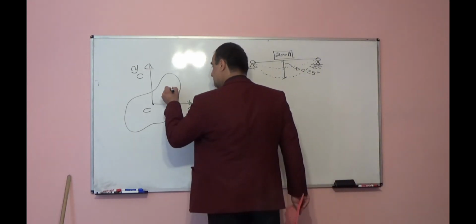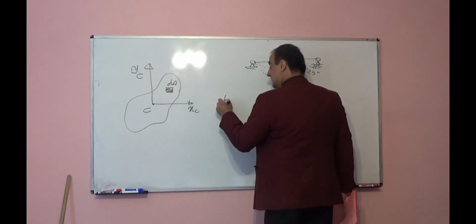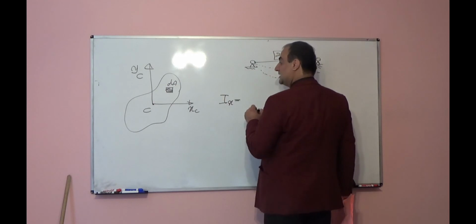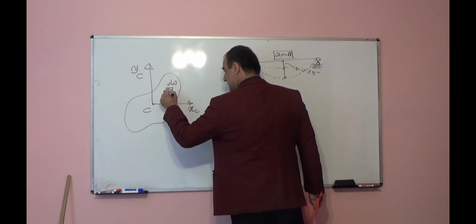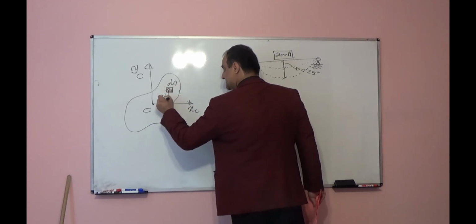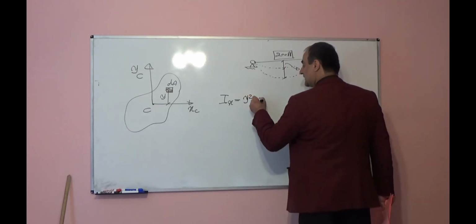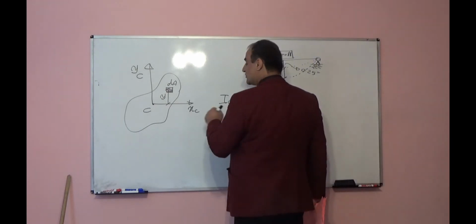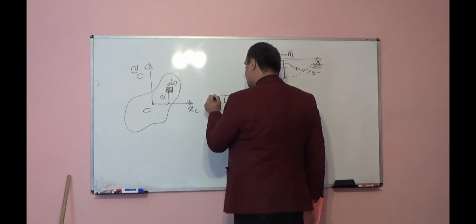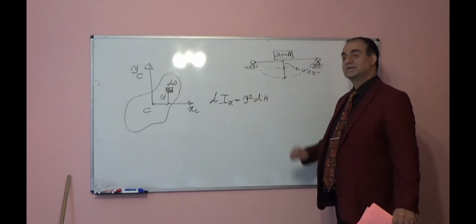In order to calculate that, if I assume one small element, dA, Ix will be equal to dA, the area for this differential element, times the distance up to the x-axis squared. So it will be y squared times dA. Because this is moment of inertia for one small element, dIx is equal to y squared dA.